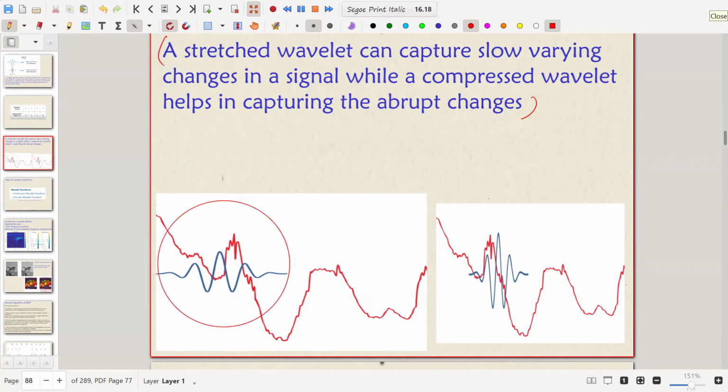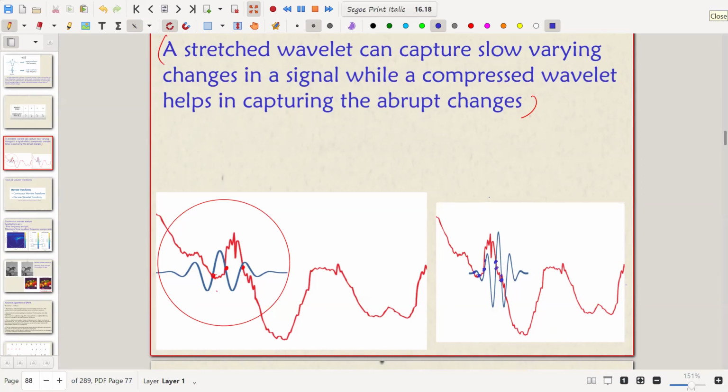In both cases it's a similar thing, but which wavelet can capture the most important information, the left one or the right one? The left one is just able to capture some of the points. But the right wavelet is able to capture more of the points, even here, many points.